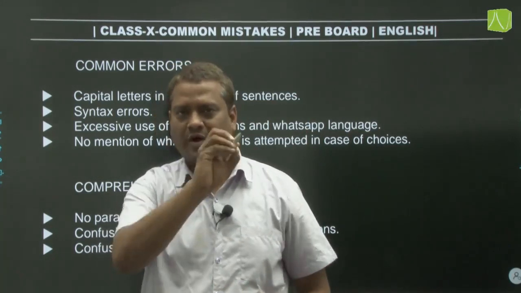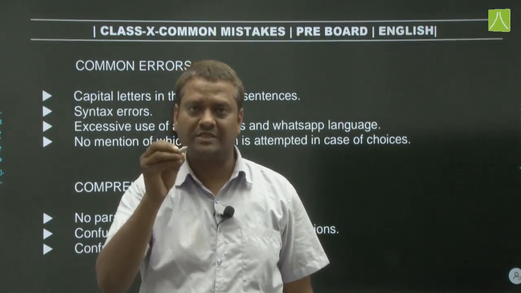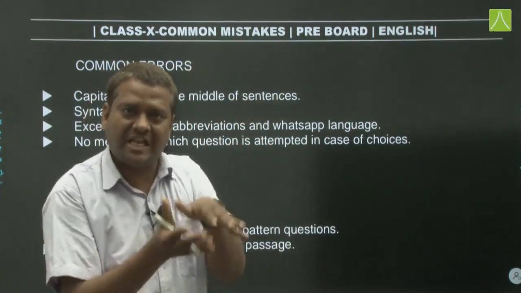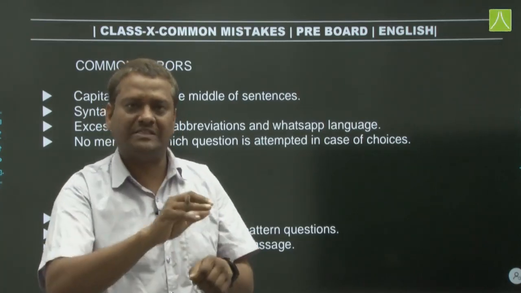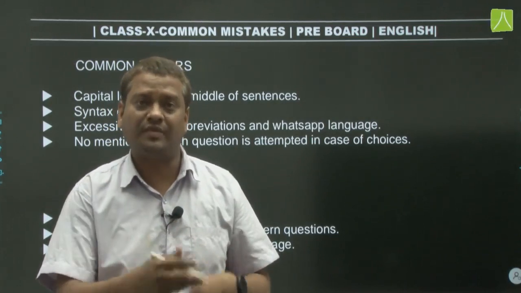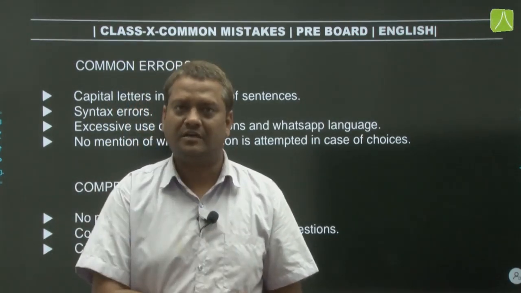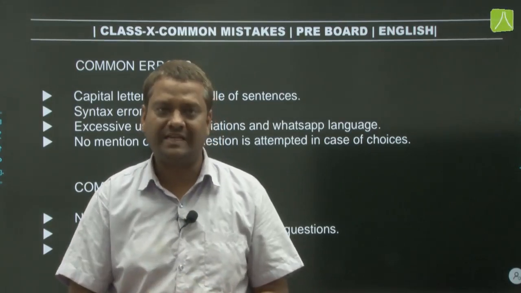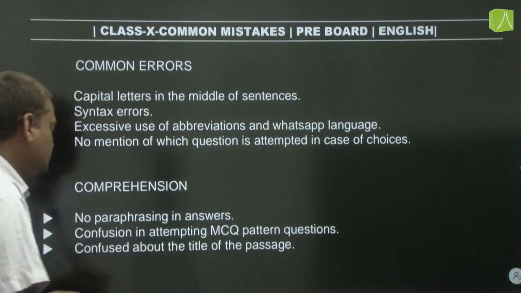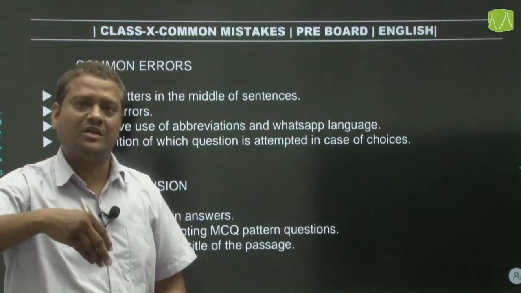You can find the answer in the passage, but you are not to write the passage language as it is. You are to reframe the answer in your own words. To rephrase a sentence, to rephrase a thought, is called paraphrasing. So use paraphrasing in your answers. Don't write answers as they are from the passage.